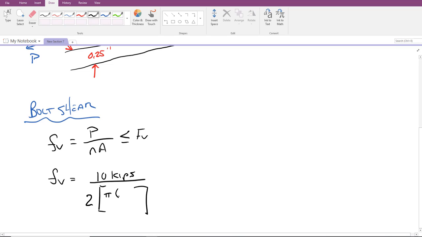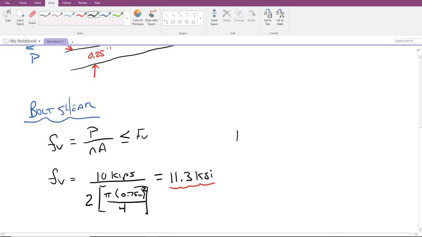So pi times the diameter, 0.75 inches, squared, divided by 4. Run that through our calculator, and 11.3 KSI is the actual shear stress that this particular loading causes.